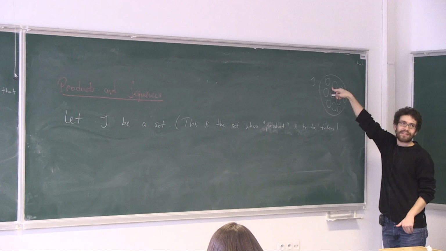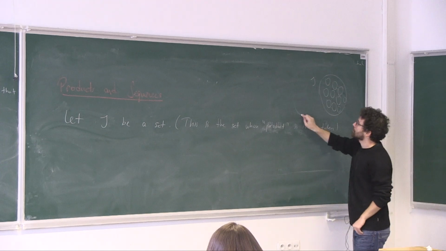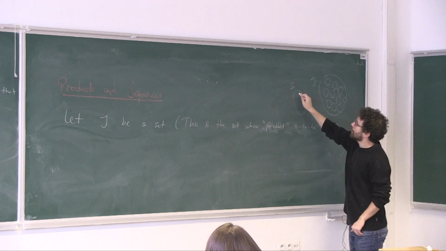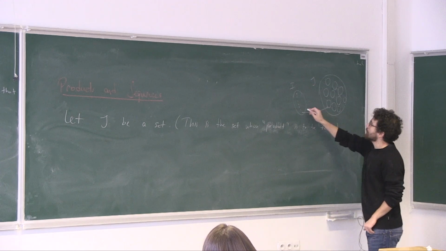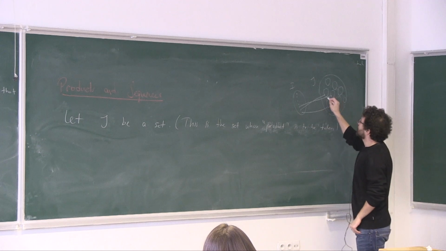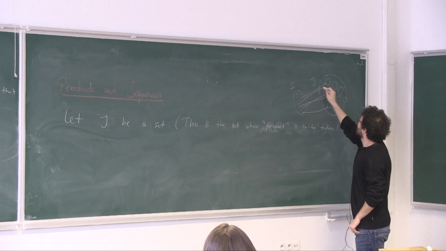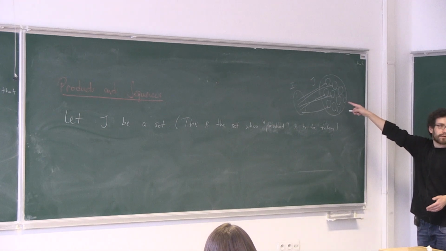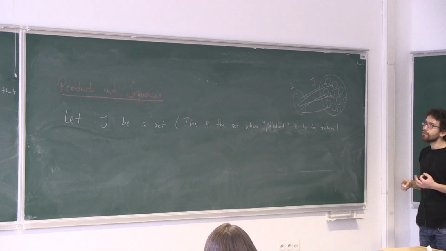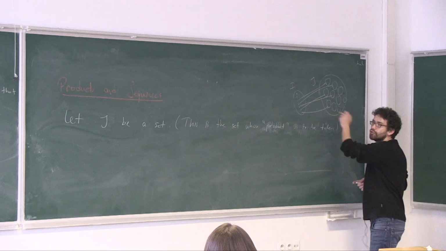How can I label these? I can create a set of labels, and each label here will label some guy over here. How can I formalize this? I can do this by a function from I to J.